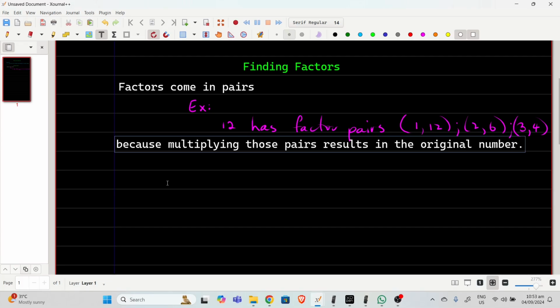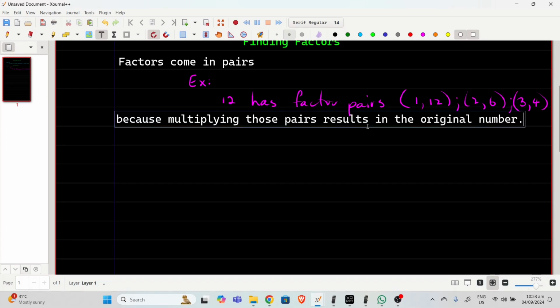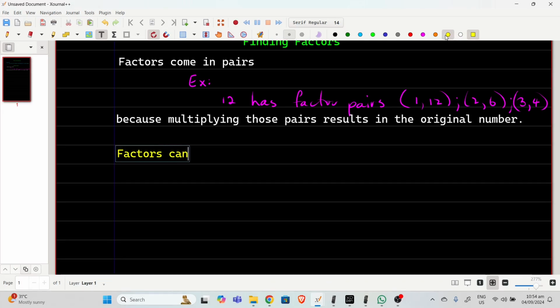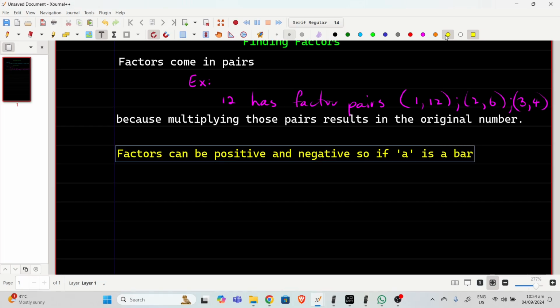Now, you may think to yourself that these are all positive values. What about the negative values? Yes, there are also negative factors. And just a little rule to remember how to deal with it is as follows. Factors can be positive and negative.